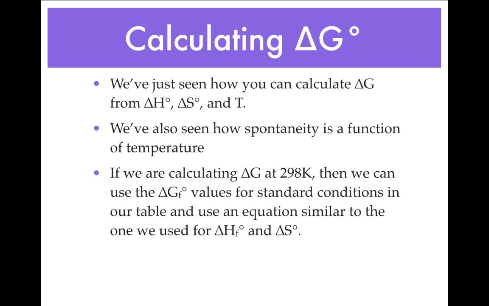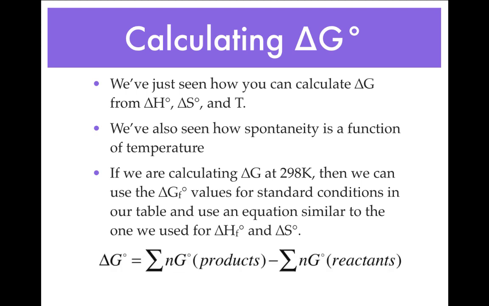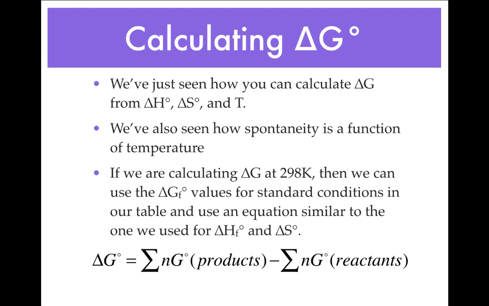And so we create delta G0 or delta Gf0 values for these standard conditions in our table, and we use an equation very similar to the one we used for delta H and delta S. And we have delta G0 is equal to the sum of the delta G's of the products minus the sum of the delta G's of the reactants.